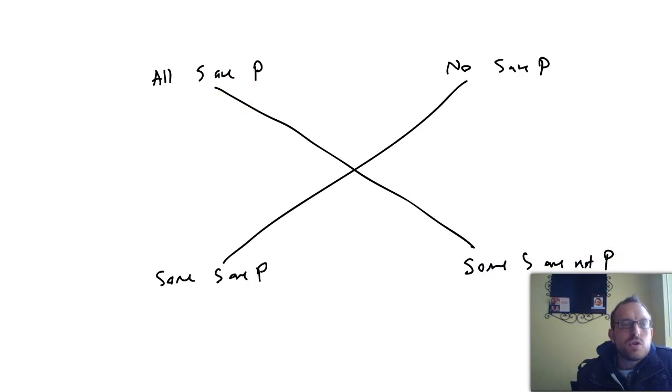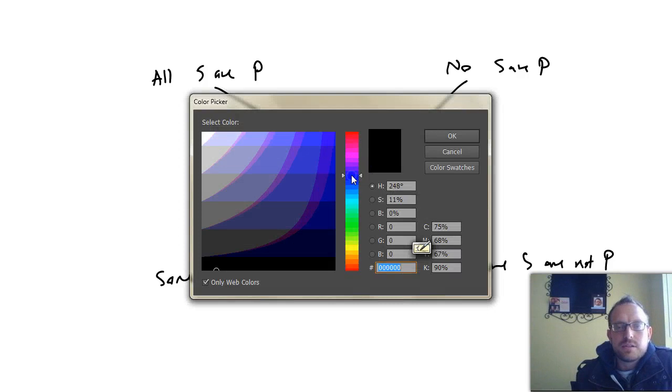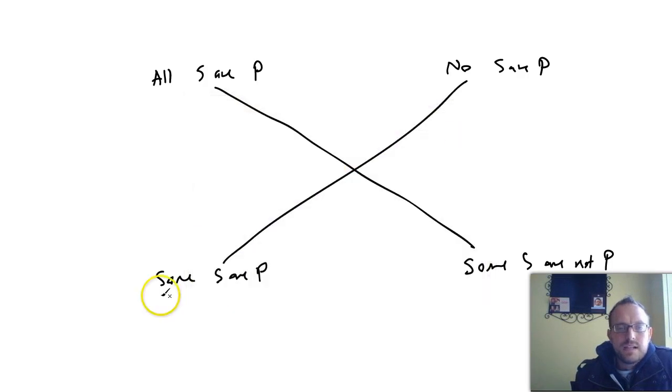Right? Well, now what we have is, utilizing the square of opposition here, you could see that we now actually can write it out using predicate logic. So it's going to look like this.